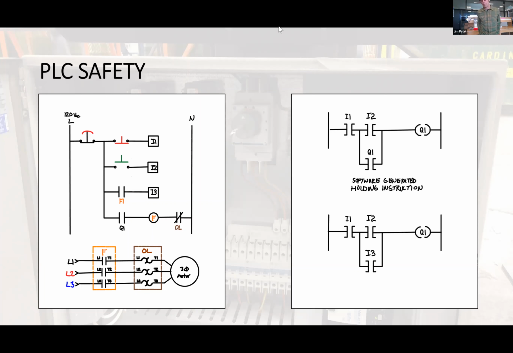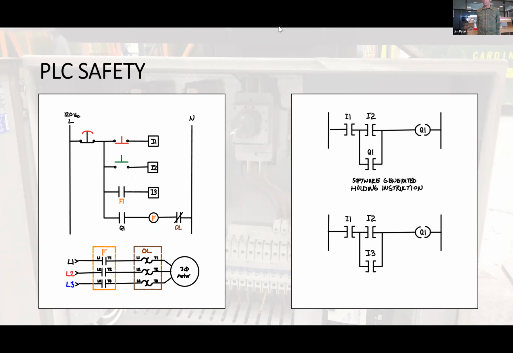The important point I'd like to make about that is very evident on the 2 diagrams on the far right-hand side. The top ladder logic diagram is a software-generated holding instruction. And allow me to just go on my soapbox here.